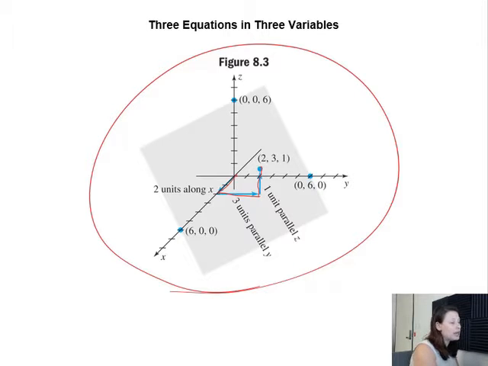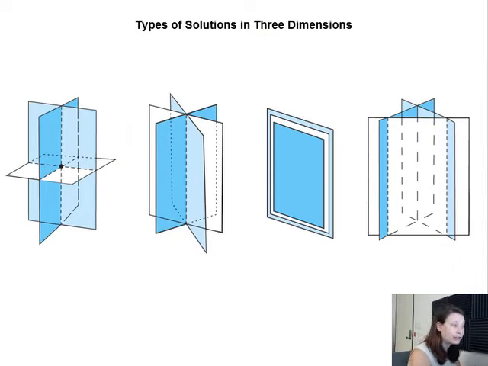Now let's think about what different types of solutions we can get from these systems. This is what one solution can look like, then a version of multi-solutions, and then another version of multi-solutions, and then a no solution.